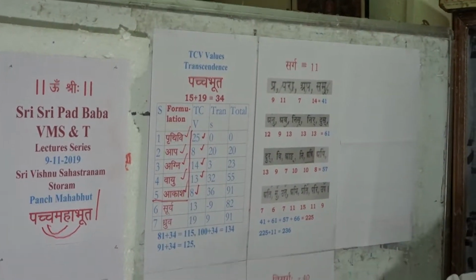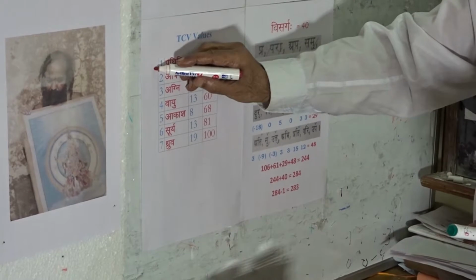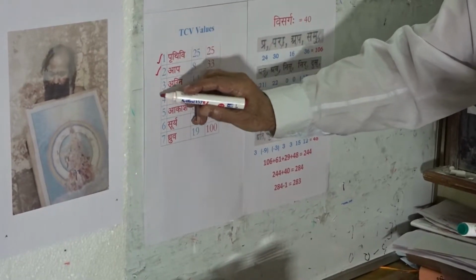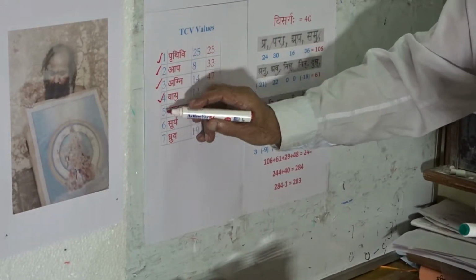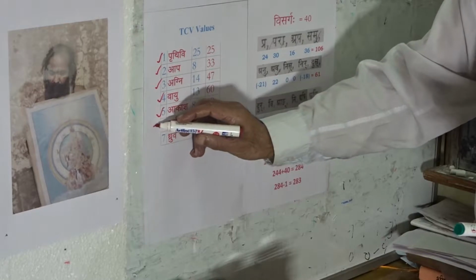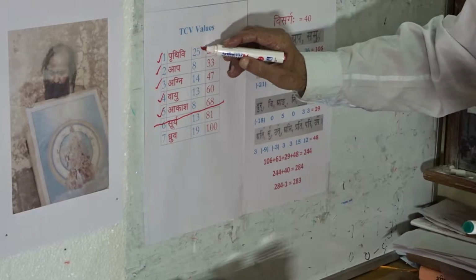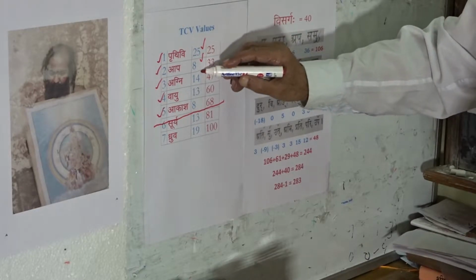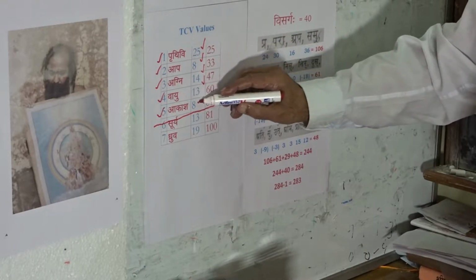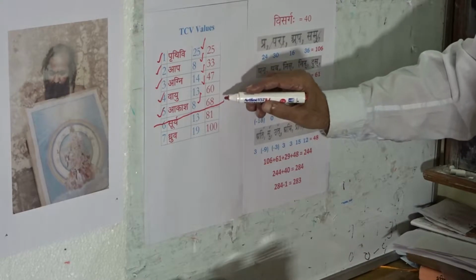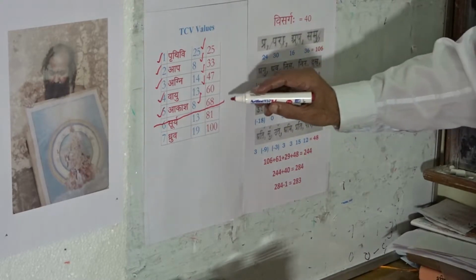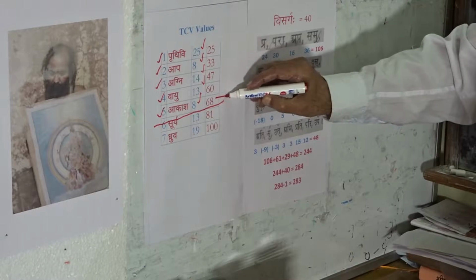Panchbhut are the formulations Prithvi, Apa, Agni, Vayu and Akash. These five formulations are of TC value 25, 8, 14, 13 and 8. It makes the values as these are.